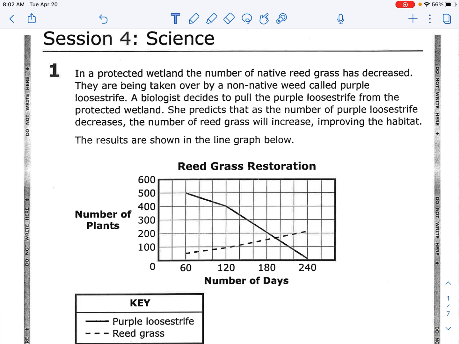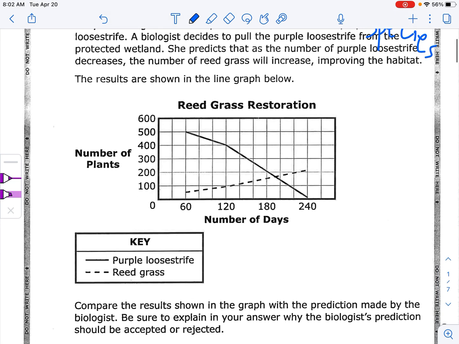All right, so what we're talking about here is an invasive species, and what that does to the ecosystem. Alrighty, so what we need to do here is take a look at this graph and the key.